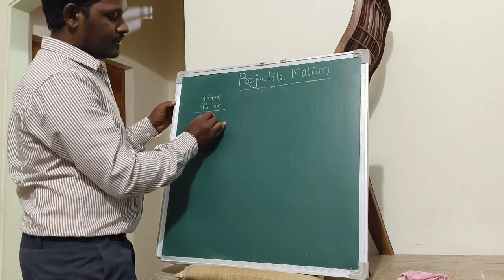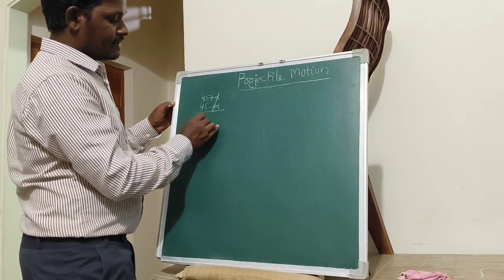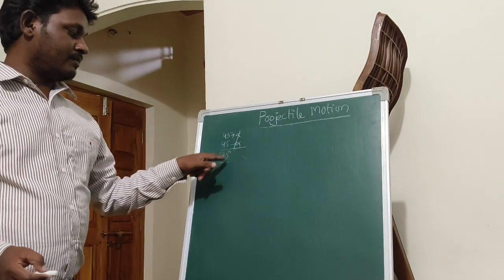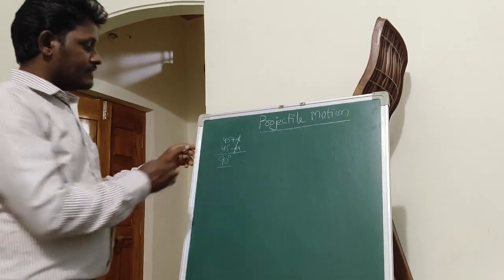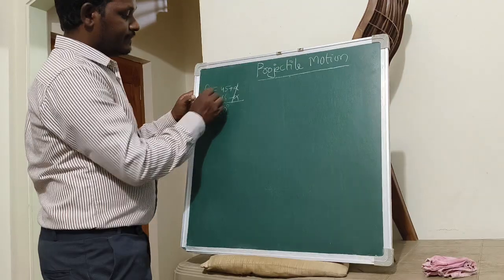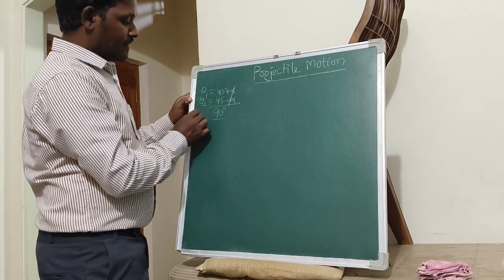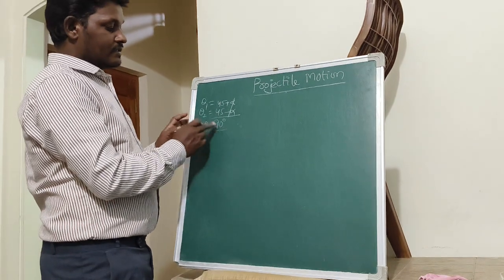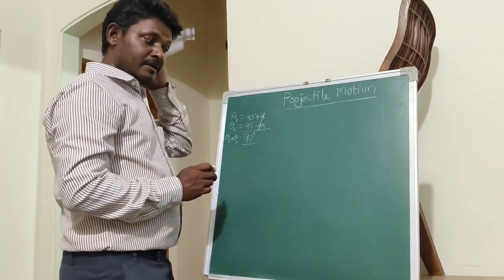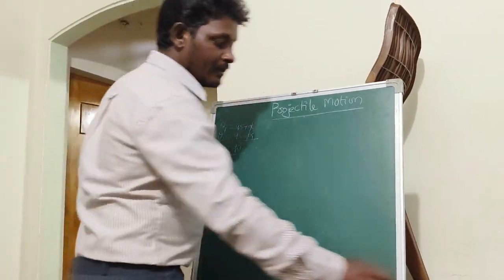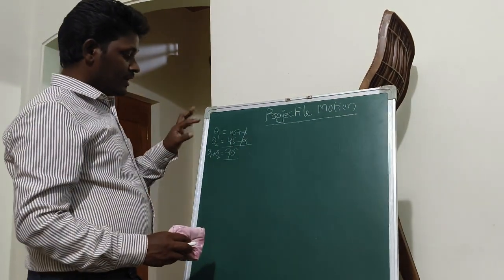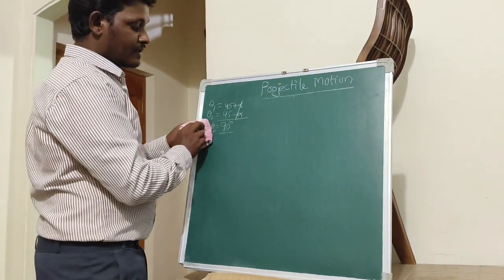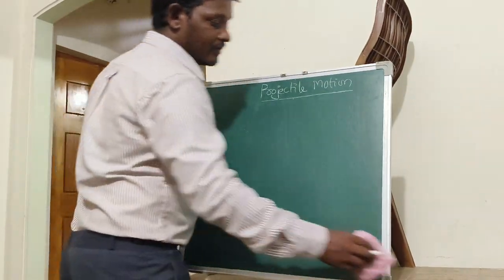The alphas will get cancelled and you will get 90 degrees. Say this is the theta 1 angle and this is the theta 2 angle. The sum of theta 1 plus theta 2 is 90 degrees, so they are complementary angles. If we project a body with complementary angles, they will cover the same range along the x direction. Let us prove that.